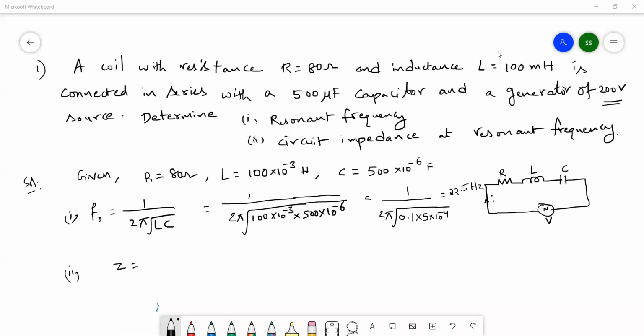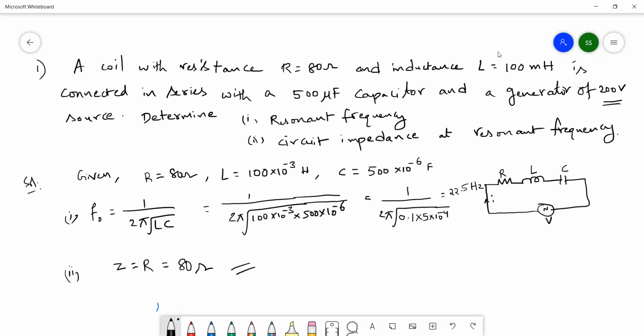Very good. In general, it is R plus j into XL minus XC, but at resonance the net reactance term is 0, so the j term is 0. Therefore Z equals R only. What is the value of R in the given problem? 80. That is the answer. Done.